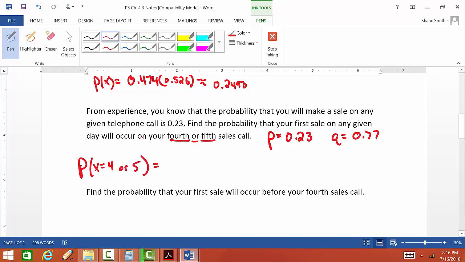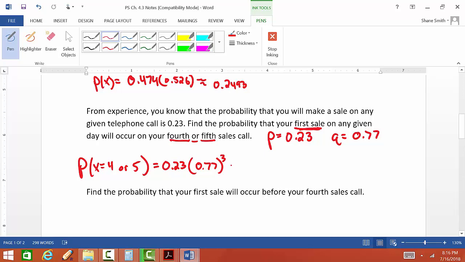So let's just find the probability x is equal to 4. My first sale occurs on the 4th call, which means we only have one sale. And how many failures did we have before our 4th sale? Well, 3. So we had 3 missed calls, or no sales, and then we had 0.23 for the one success.